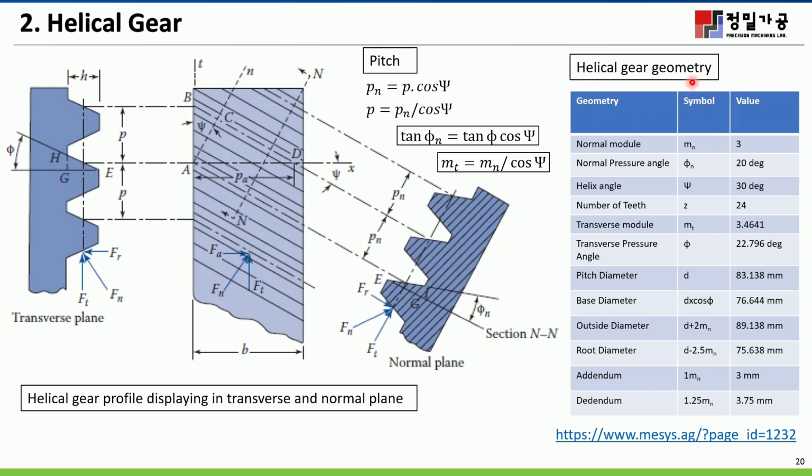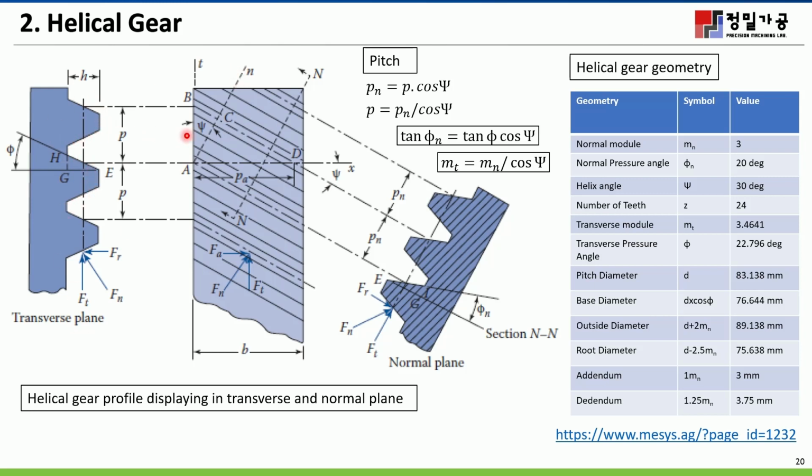This one is similar to this home page. We first calculate: we know the normal module is 3, the normal pressure angle 20, the helix angle 30 degrees, and the number of teeth 24. So we have to calculate the transverse module, because we want to draw on the transverse plane.